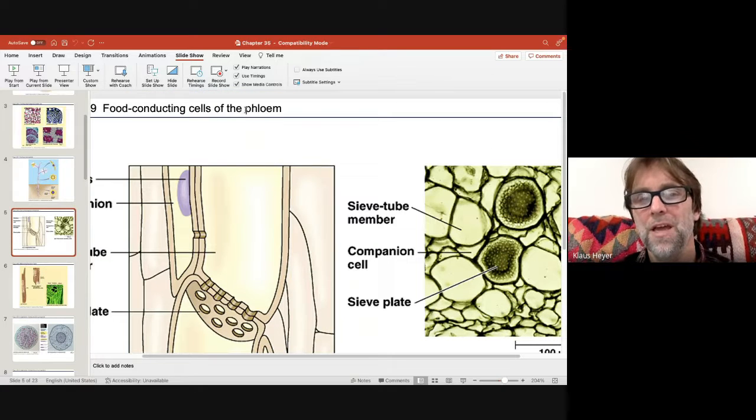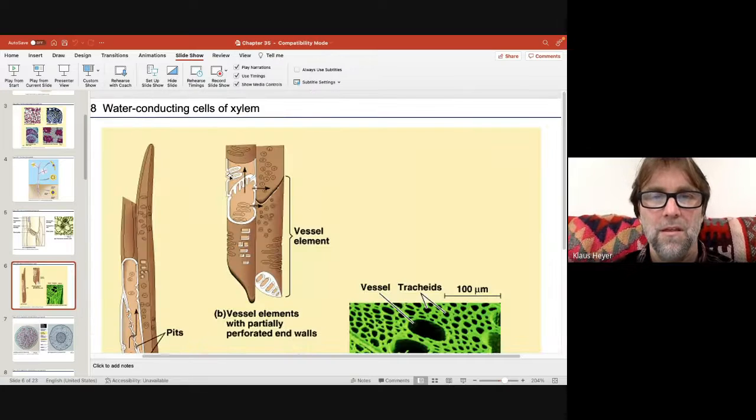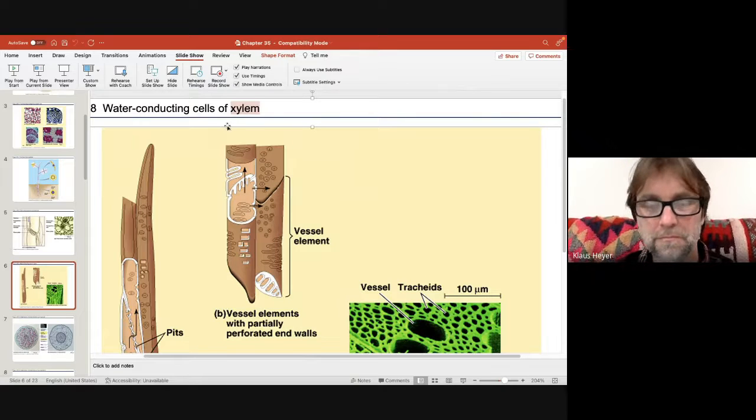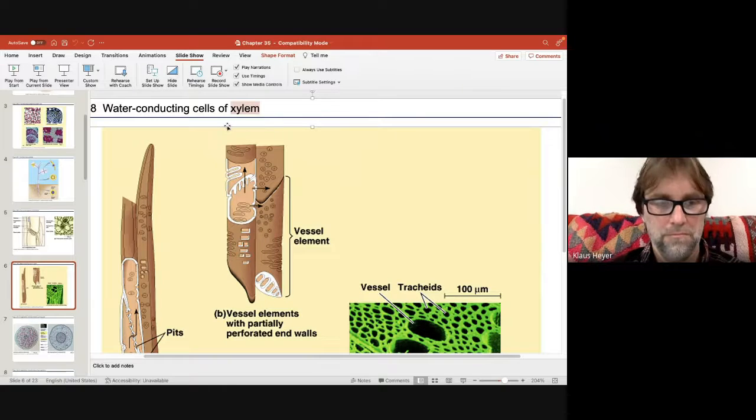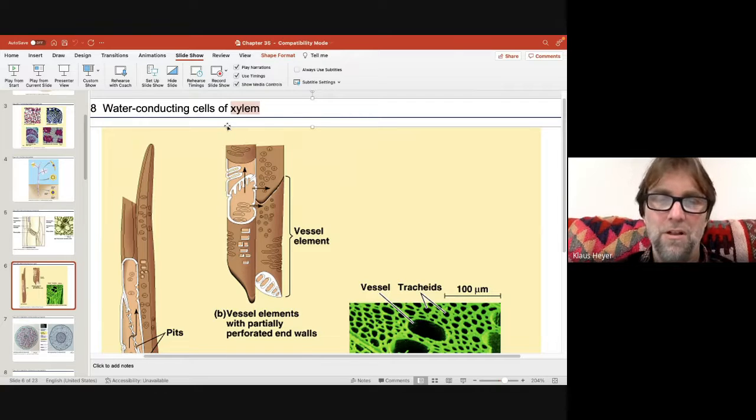Phloem carries sugar. Xylem carries water. Remember, xylem cells are not even living. They're hollowed out, dead cells.